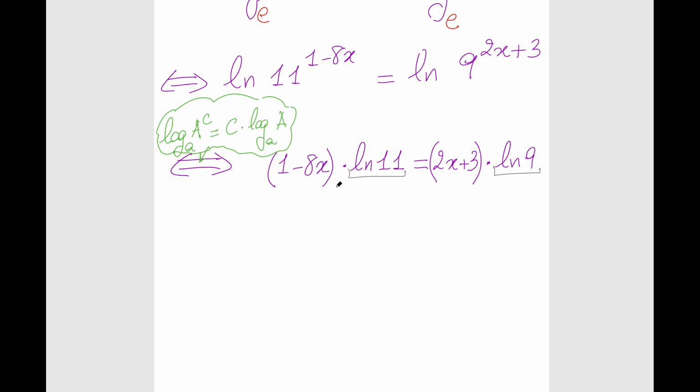So how do we solve this? How are we going to solve this? Well, remember, ln of 11 and ln of 9 are both numbers, right? Whatever these numbers are. So what did we used to do when this thing used to be a better looking number, maybe?